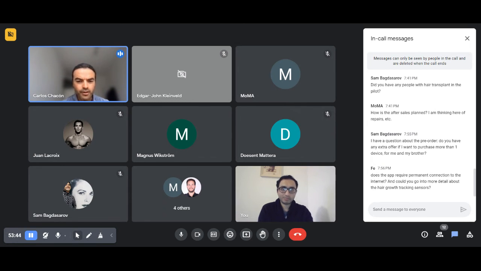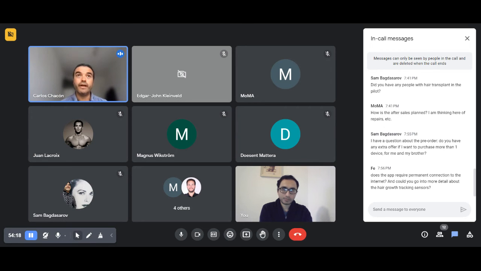And maybe because I'm talking about the app, Faye also has a question about the permanent connection. Normally you would need to have an internet connection to use the app, just because of how the app is set up. It communicates with the cloud, right? But we are also enabling the option that, for example, if you were to be 1 week, 2 weeks off in the jungle with no connection, you could still use the device without the connection, right?